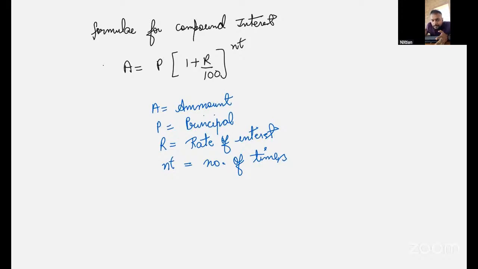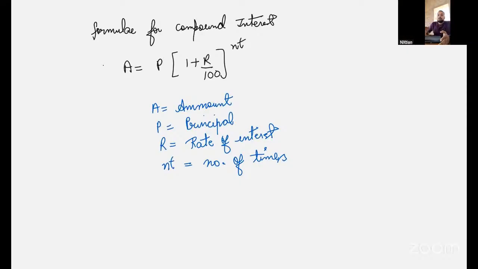January, February, March, 3 months over, you will apply. The time period is 6 months. In 6 months, how many times will you apply the interest? Two times. Simple as that. Two times is the answer.